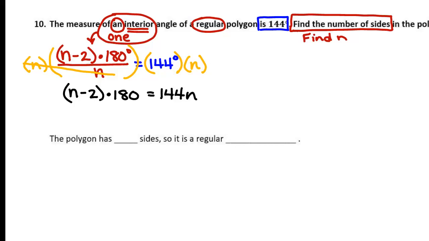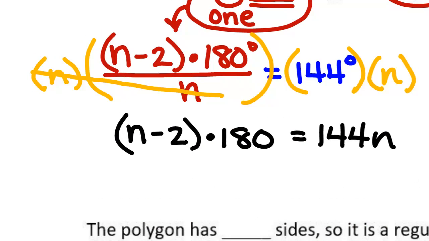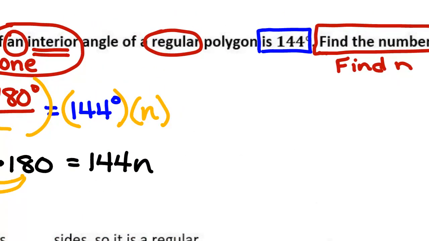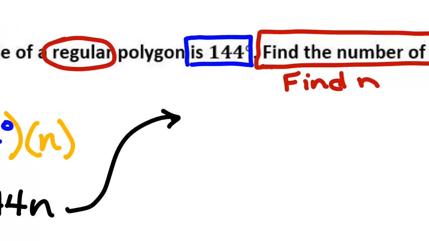What do we normally do when we see parentheses like this with a number being multiplied to it? Distribute. Yes, we're going to multiply. So I'm going to take this 180 and I'm going to distribute it to both of these. What would 180 times n be? 180n.